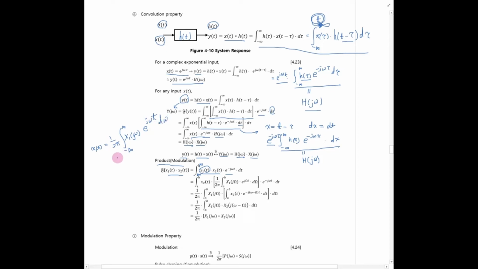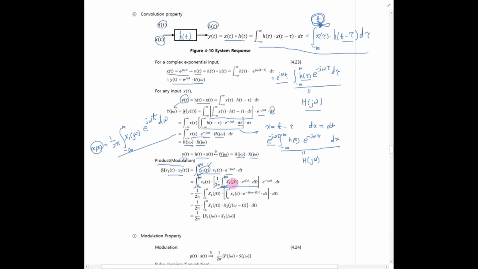This one is the inverse Fourier transform giving x1(t). So we can replace x1(t) with this inverse Fourier transform expression, and then it becomes this one. This one should be minus infinity to infinity, and this one is also minus infinity to infinity.